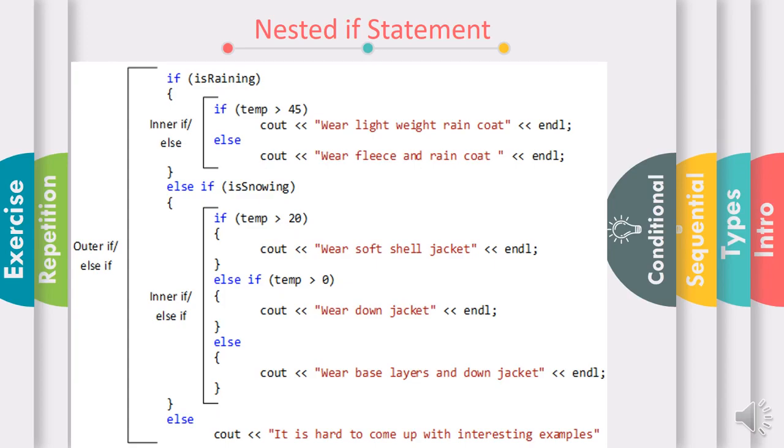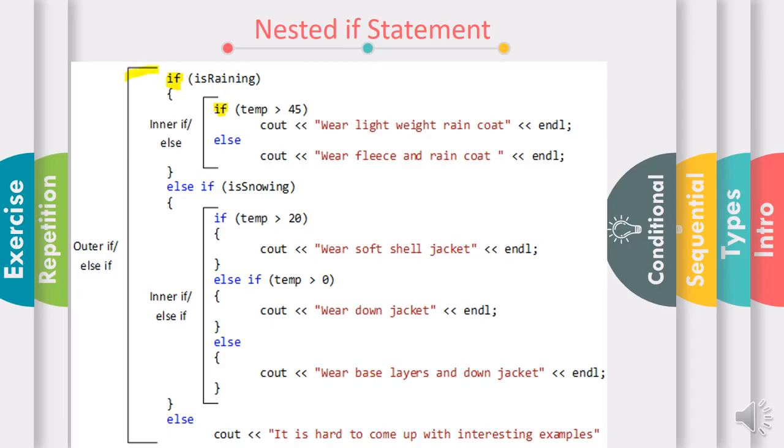If temperature is greater than 45, then print the message wear lightweight raincoat, else print wear fleece and raincoat. So, you can see that we are using an if statement in another if statement. So, this type of if statements are known as nested if statements.